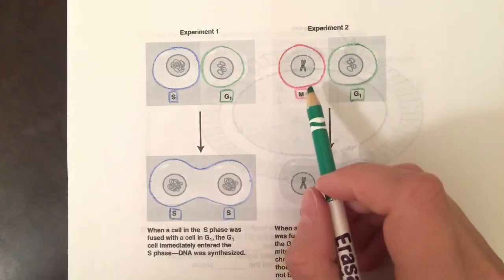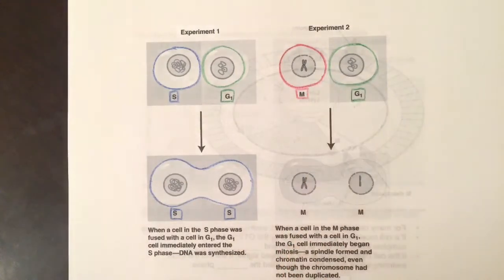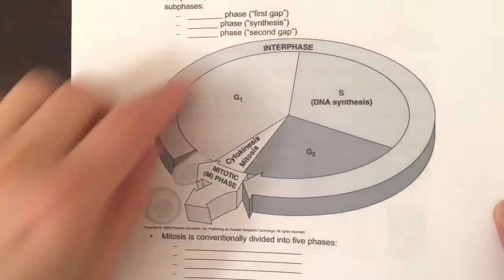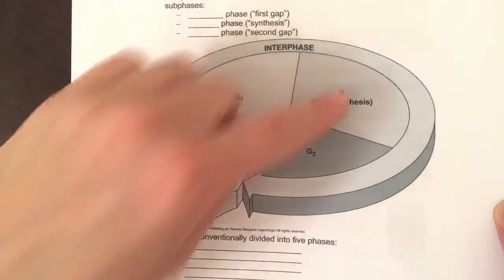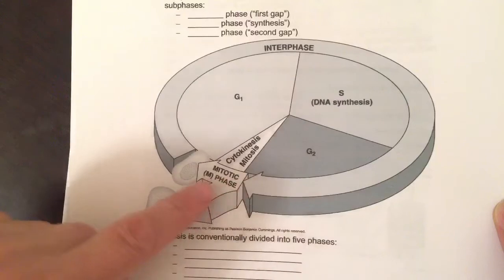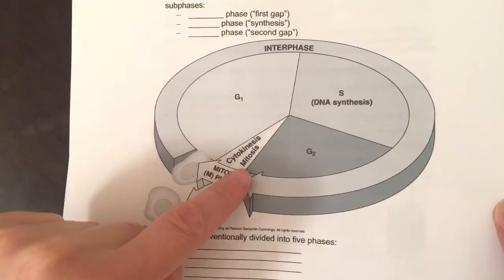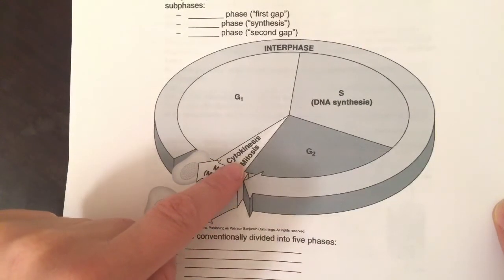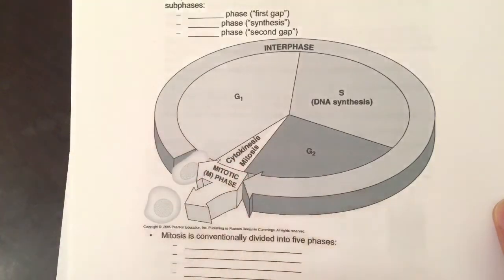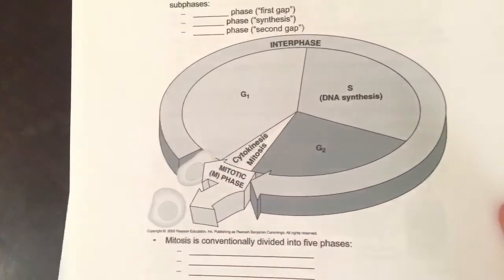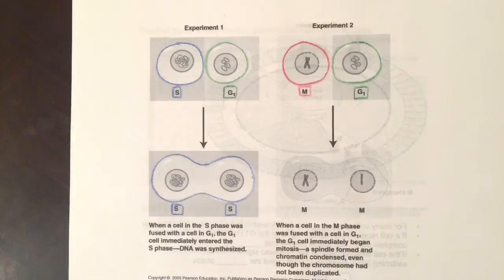Remember the order: interphase, which was G1, S, and G2 phase, and then the M phase, mitosis, that consists of prophase, prometaphase, metaphase, anaphase, telophase, and so on. And so that's your M phase.